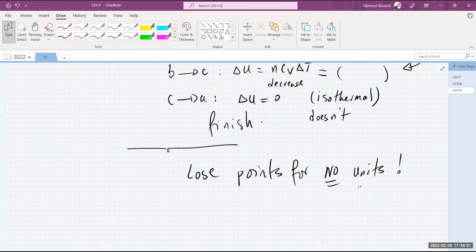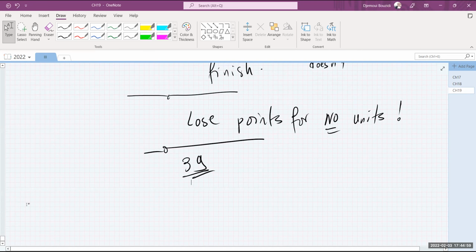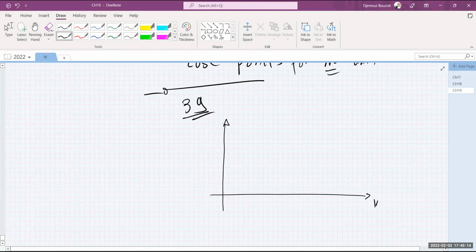So, problem 39. This problem has a diagram that I'm going to draw, and it has a PV diagram also. There's the volume; they didn't give me any units for it.